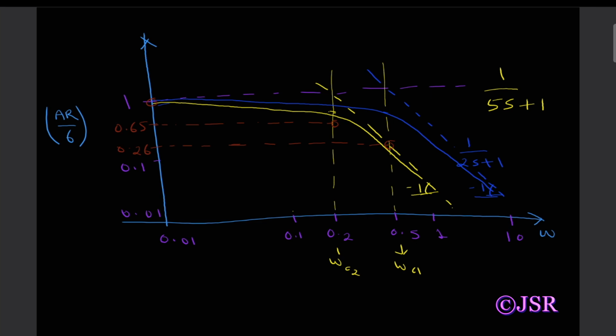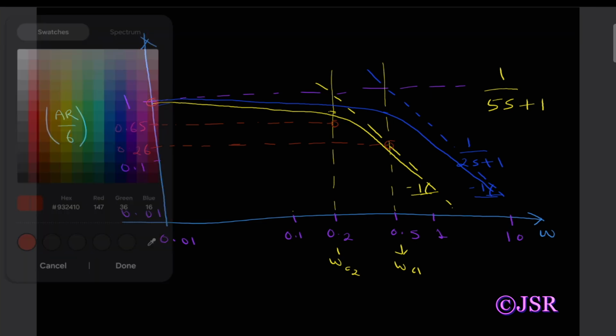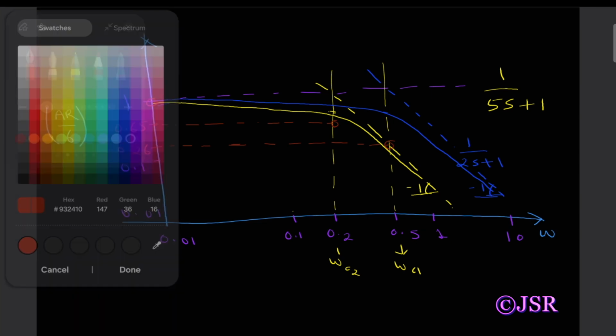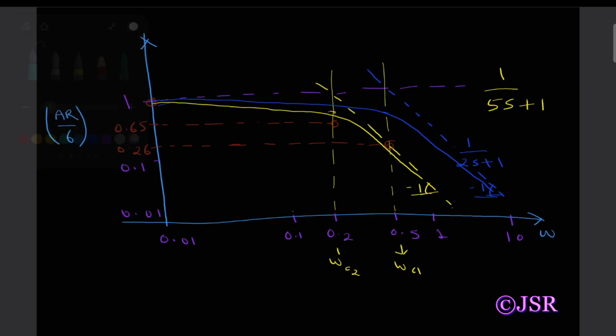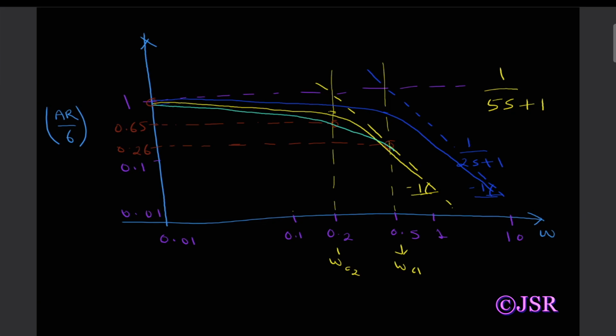And this way we can plot the overall frequency, overall gain diagram, gain plot, which will pass through this 0, 0.65, 0.2, and then we will have another.